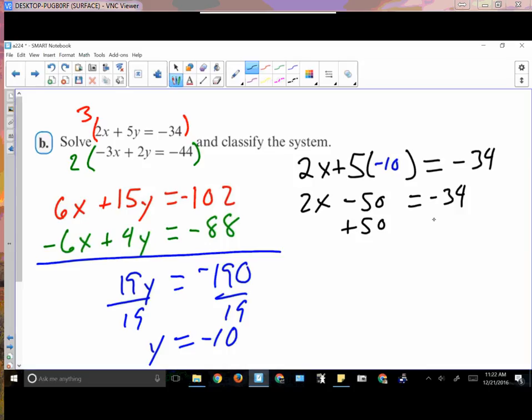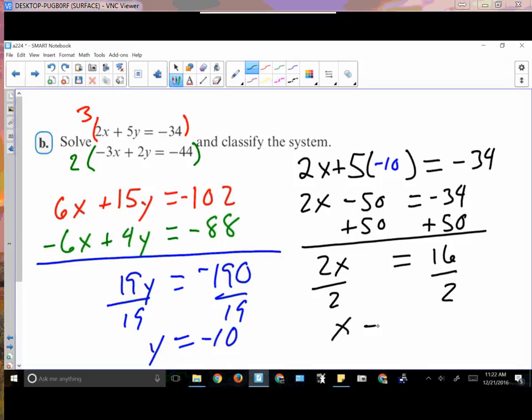Add 50 to both sides, and I end up with 2x is equal to 16, correct? Divide both sides by 2, x is equal to 8. So what this means is that the solution for this thing is going to be the coordinates 8, negative 10.